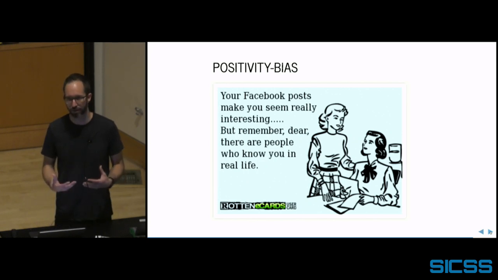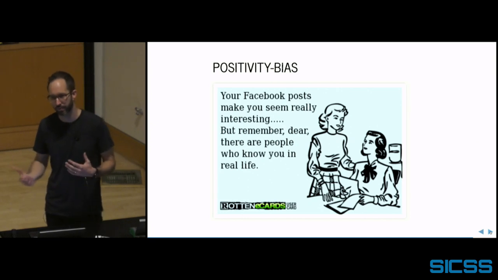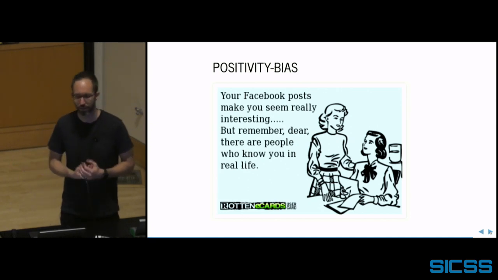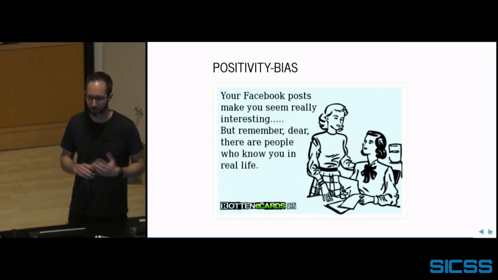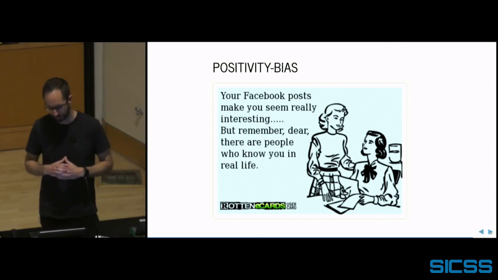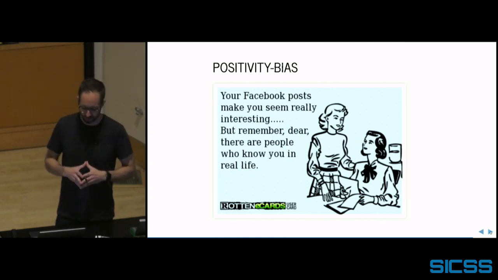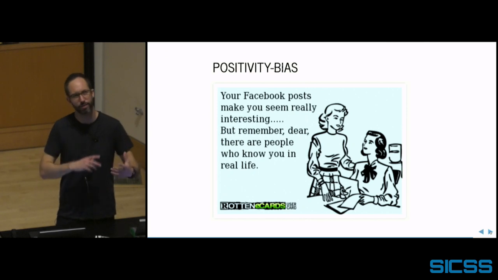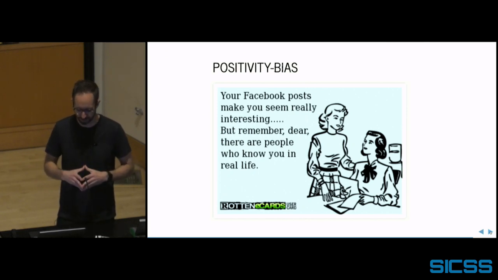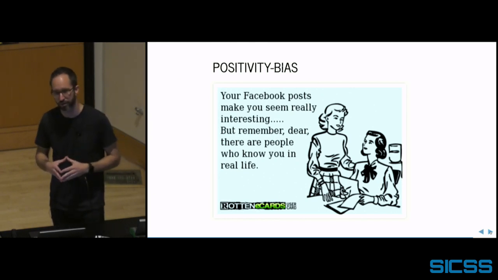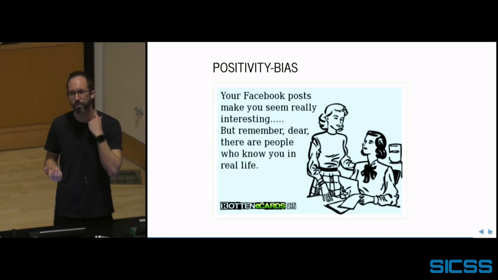Right, we've all kind of experienced this, very rarely do you see the post like, I just lost my job and got divorced, right? You see the marriages, you see the kids, you see, depending on your age, the celebrations. And we could talk about whether Twitter has the opposite bias, but suffice it to say that the types of behavior we're seeing on different platforms are a feature of the platform.